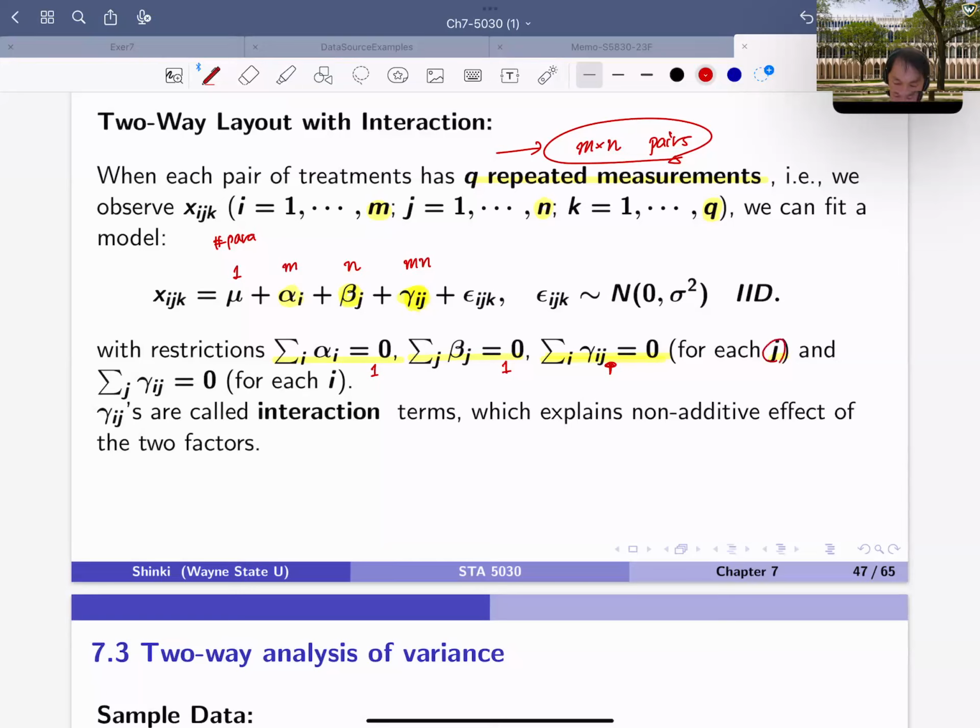This is for each j, so we actually have n restrictions. And also for each i, the summation of gamma ij should be equal to 0. So this is actually m restrictions. So we have m plus n plus 2 restrictions.